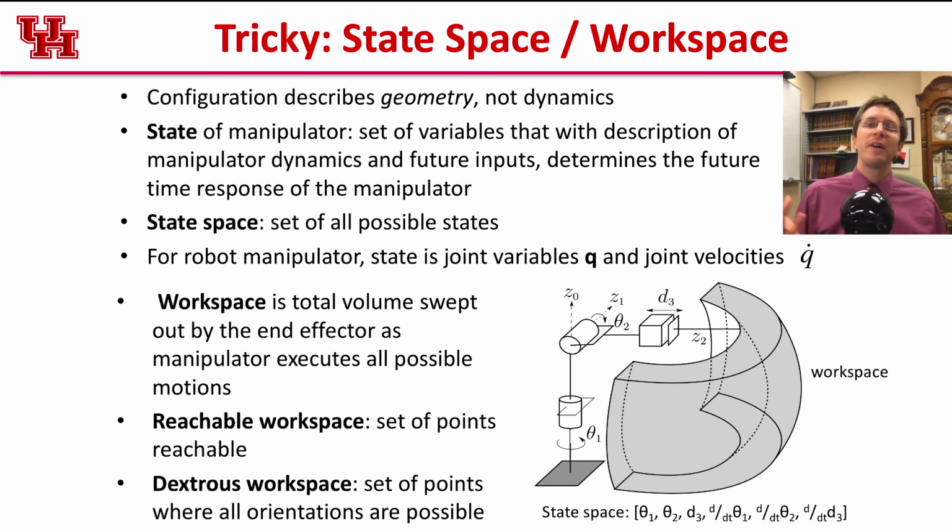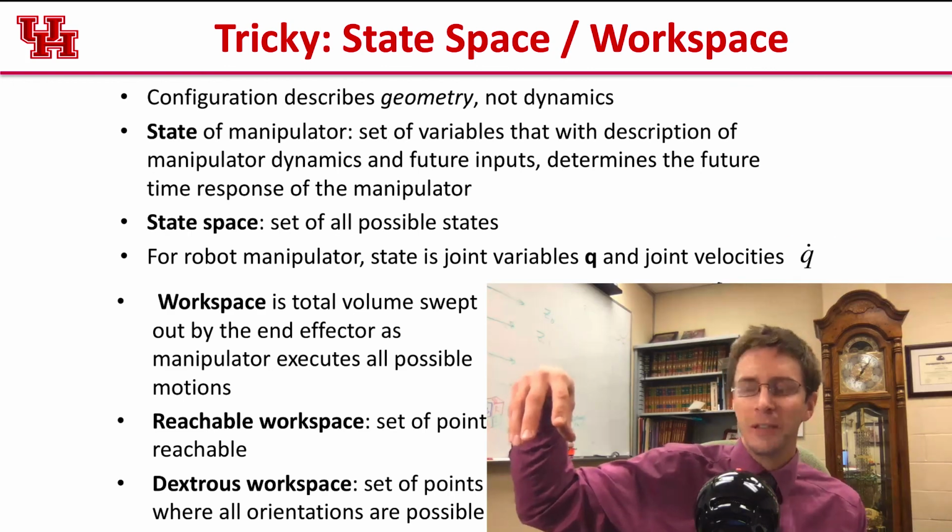Some more definitions. So the tricky point is, what is the difference between a state space and the workspace? Well, the configuration is talking about what is the geometry of the robot. It doesn't say anything about how fast it moves, the dynamics. And so if we want to talk about the state of a manipulator, then we're asking for more than just a configuration. I want all the variables. And that's a control systems idea.